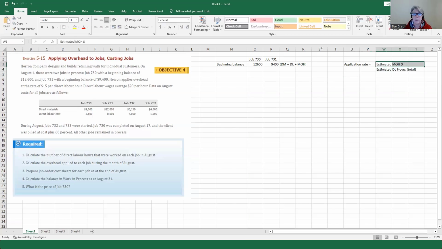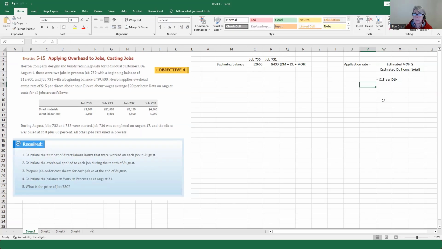They would have divided these two, and I'm just going to put it so that we can see this. They would have divided these two, and that came out to be equal to $15 per direct labor hour. I'm going to use DLH for direct labor hour. So they calculated that for us.